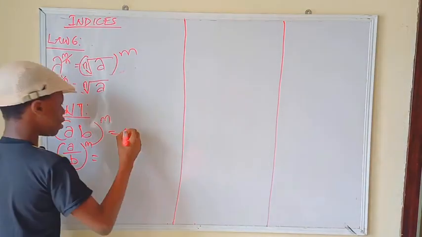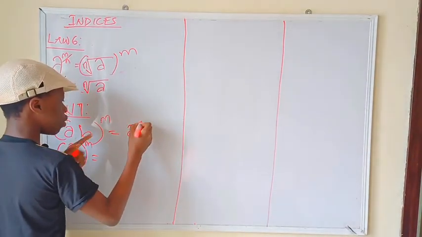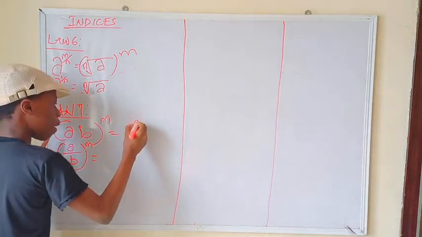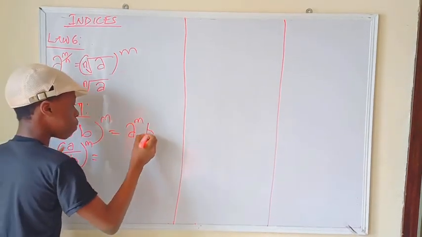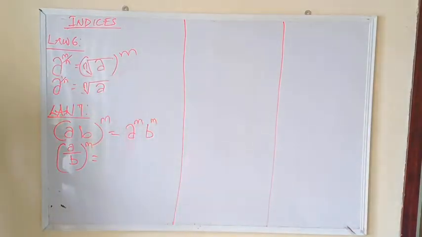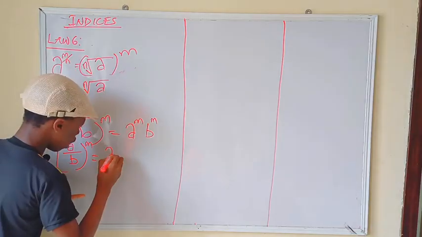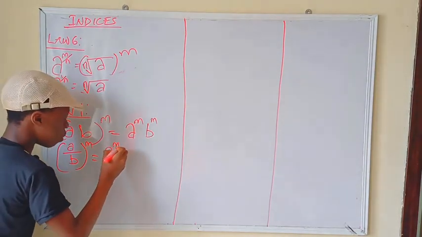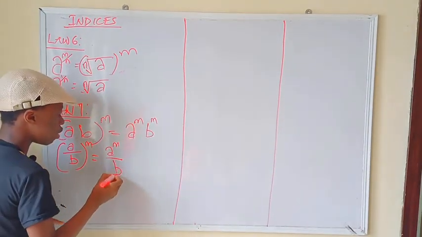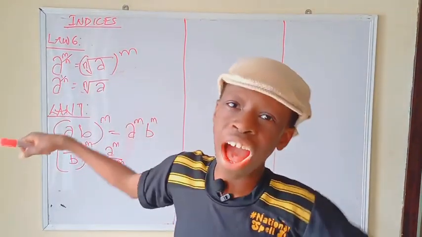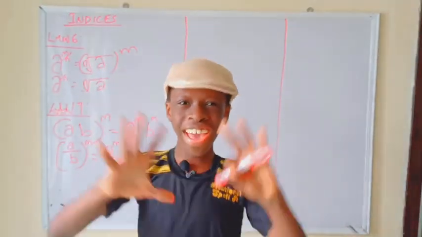So, instead of writing (ab) raised to the power of m, we write a raised to the power of m and b raised to the power of m. The same law applies for fractions: a raised to the power of m over b raised to the power of m. Very simple.